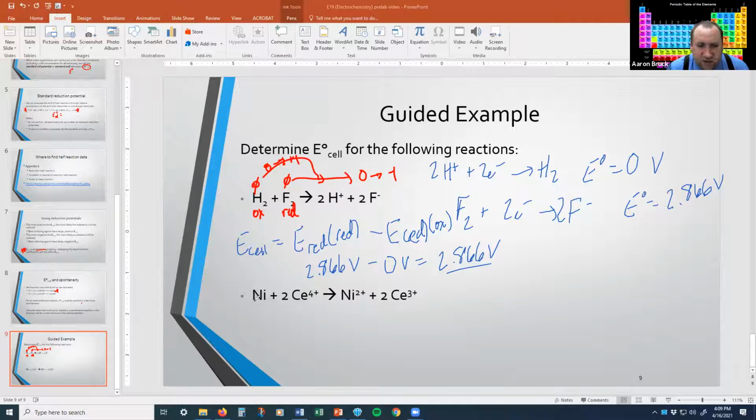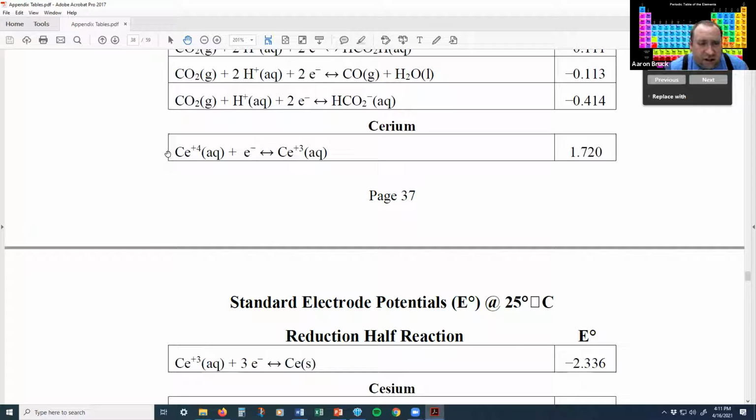Now let's look at this next one, nickel and cerium-4. All right, so here we are. Cerium-4 to cerium-3 gives us a reduction potential of 1.720 volts.